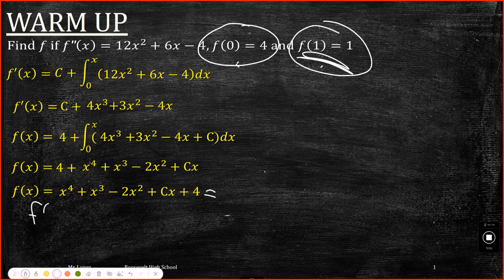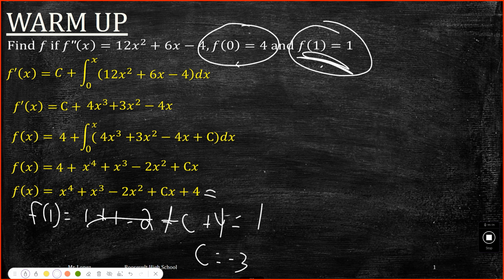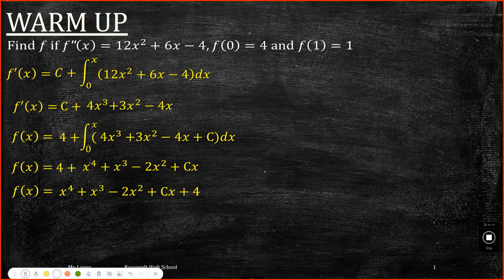f of 1. So that would be 1 plus 1 minus 2 plus c plus 4 equals 1. So then that cancels out, and c is negative 3. So this is negative 3. That's what we need. That makes sense? We need to find that c value for that one.